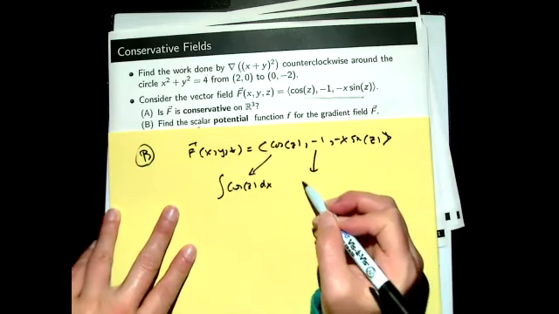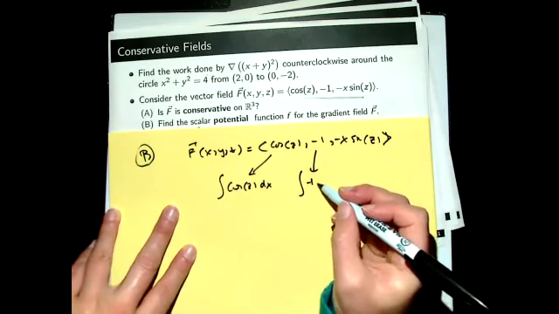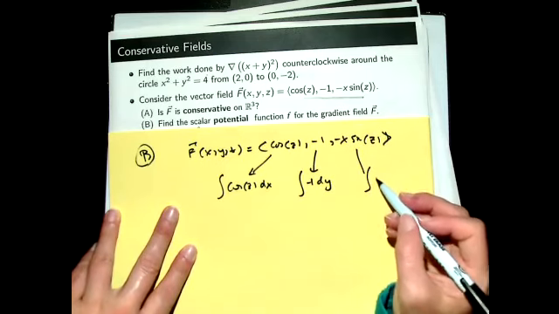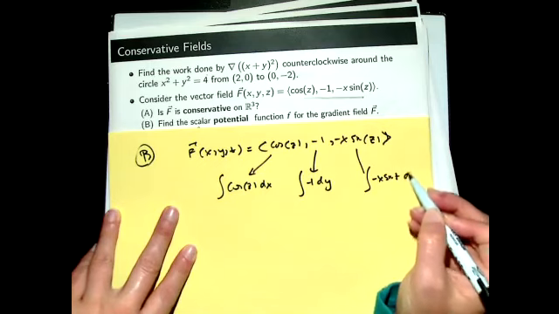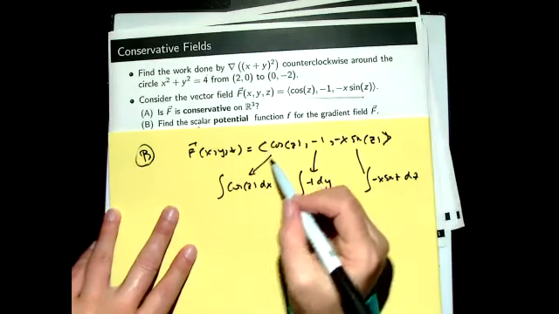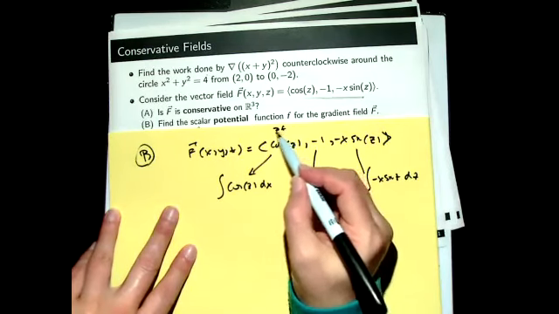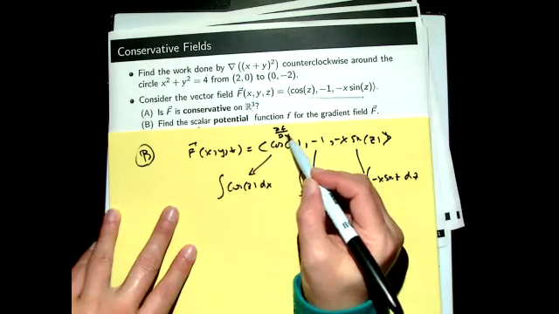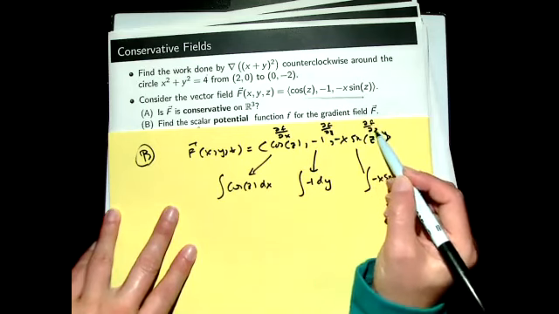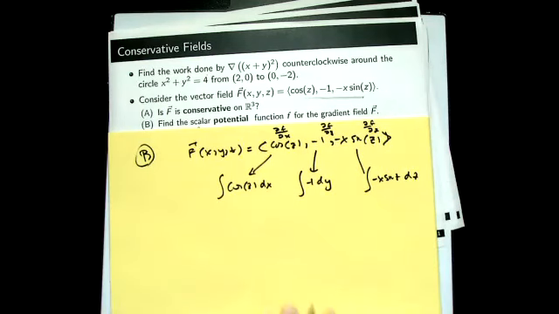And then taking the y component of f with respect to y, taking the z component with respect to z. Why? Because I'm claiming, if this is conservative, the first term is partial with respect to x, the second term is partial with respect to y, and the third term is partial with respect to z. I'm just undoing those partials by taking antiderivative with respect to whatever it is.